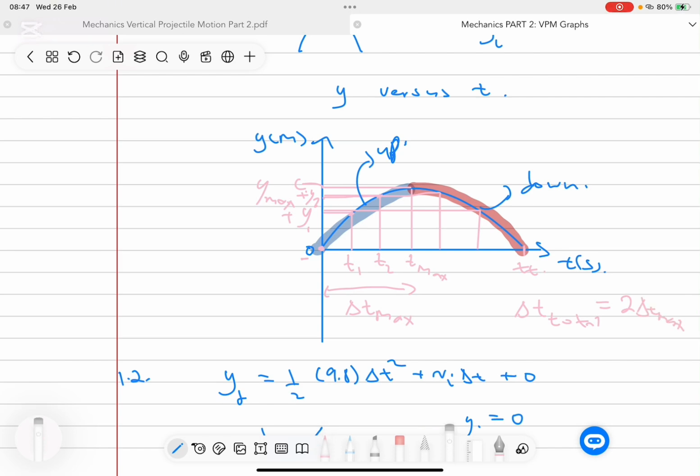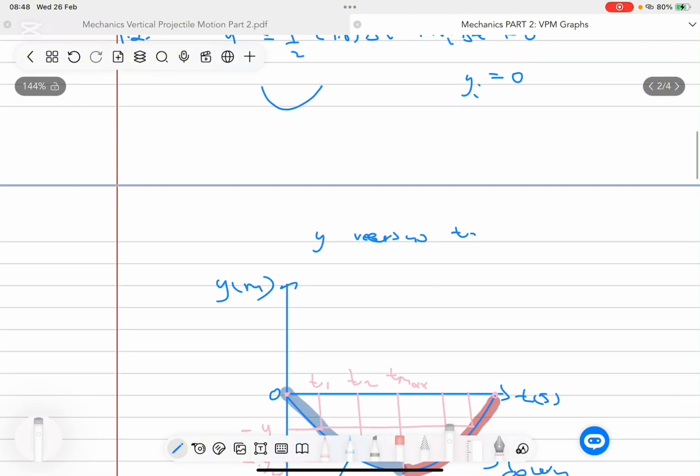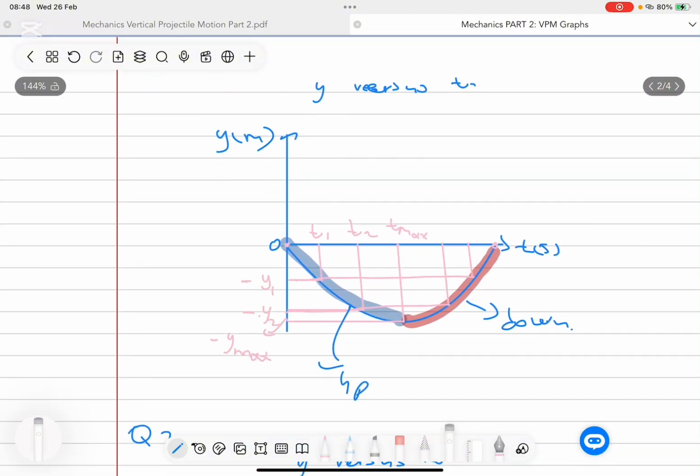If we take the time it takes to get to the maximum height and multiply by 2, or perhaps you add change in T max plus change in T max, it will give you 2 change in T max, and that will be the total time that it takes for the projectile to be in motion, meaning to go up and come down. This observation is true even in our second graph, because the time it takes to reach the maximum height, change in T max, will be the same even here.